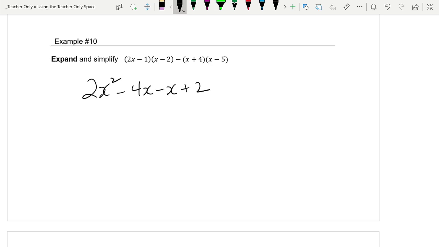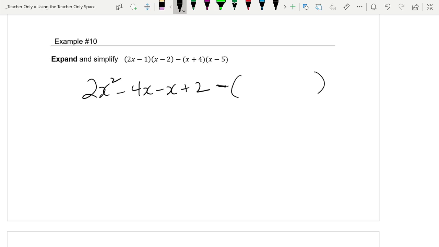Now, I'm going to do this in 2 steps. I am minusing this multiply, so I have to do the multiply first. I'm just going to open a bracket and put the answer to the multiply in it so that I don't lose track of the fact that all of it has to get affected by this minus.